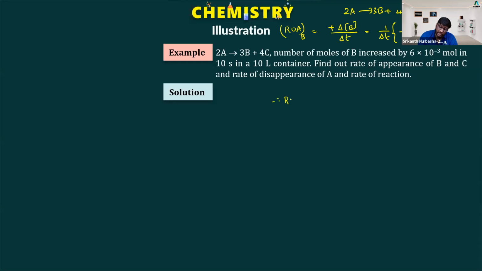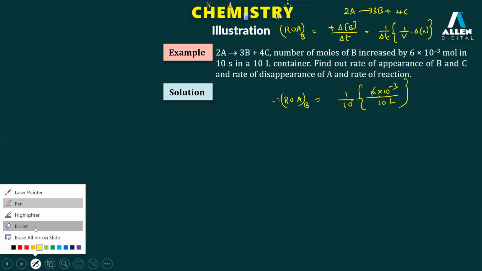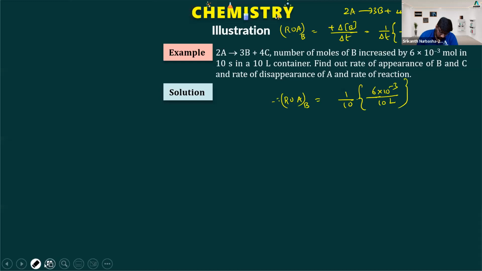How much is the time interval? 10 seconds. So 1 by 10 into number of moles by volume. How many moles increased? 6 into 10 power minus 3, in 10 liters. So what was the rate of appearance of B? 6 into 10 power minus 5 molar second inverse.